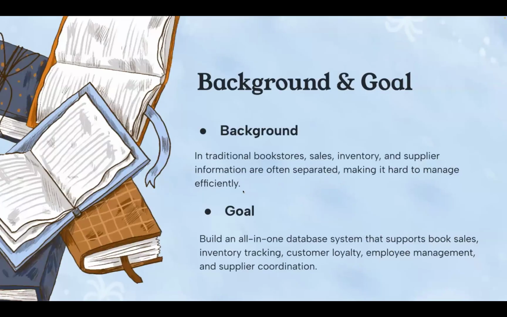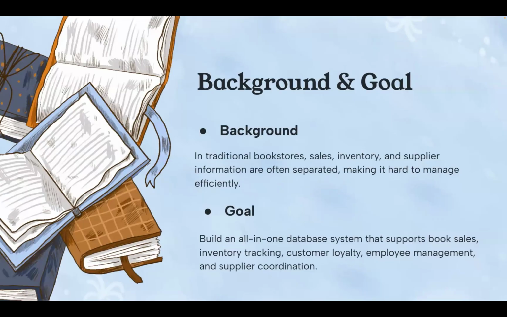In many traditional bookstores, records like sales, stock, and supplier information are kept separately, and sometimes even on paper or in spreadsheets. This kind of setup makes it hard to track changes or make timely decisions.